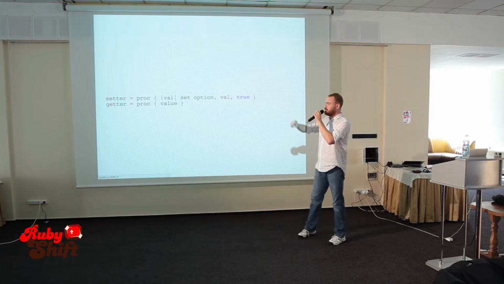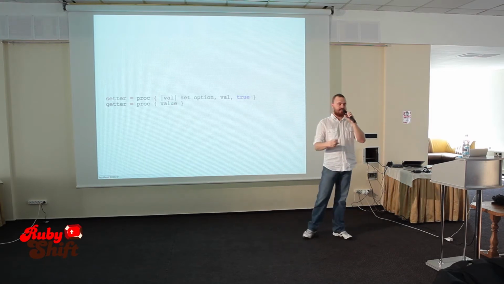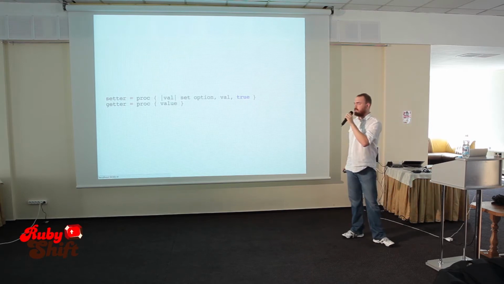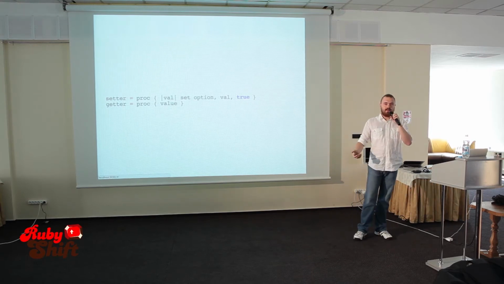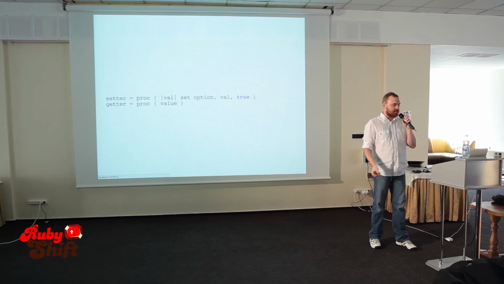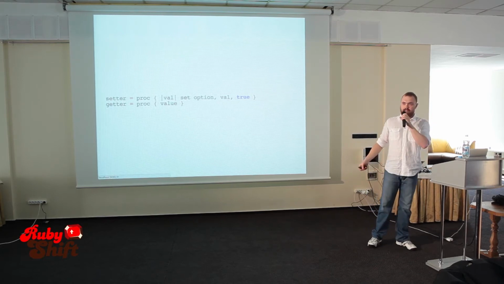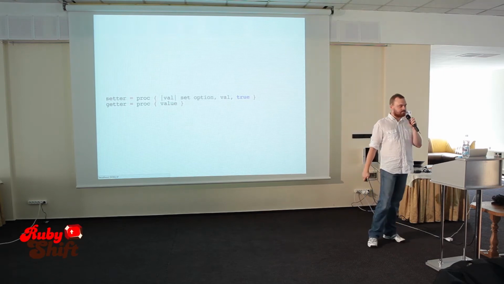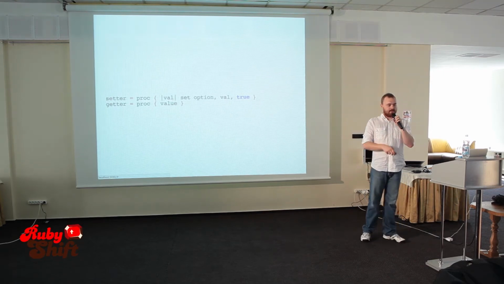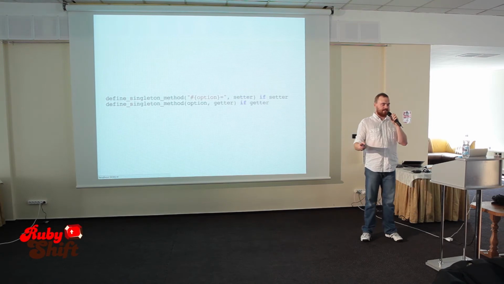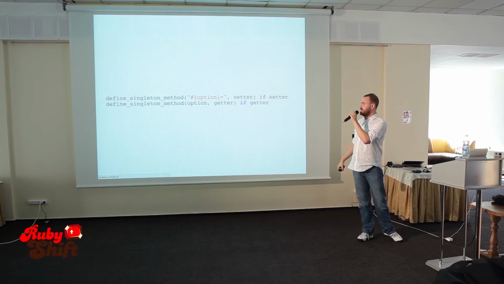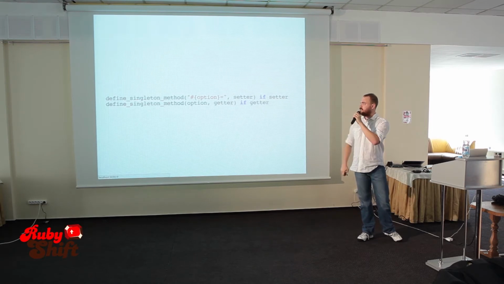There are 2 procs. One of them is assigned to the setter variable, and the second one to the getter. Obviously, the first one sets a value using this block, and the second one is retrieving the value from this proc. And this proc is put into these singleton methods, setter and getter.